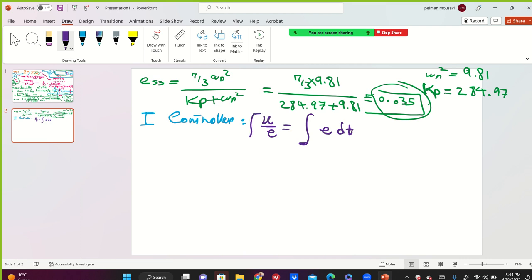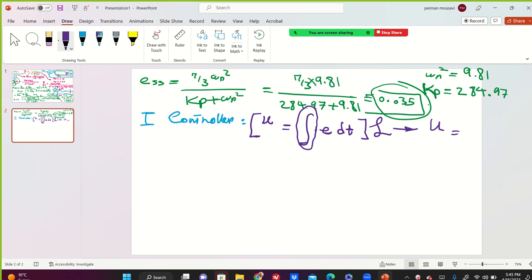So if you take the Laplace transform, going to the frequency domain, U over E is going to be, you know that the Laplace integration is 1 over s. Sorry guys.